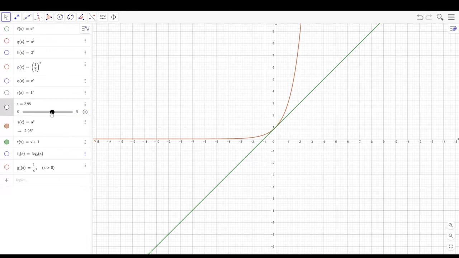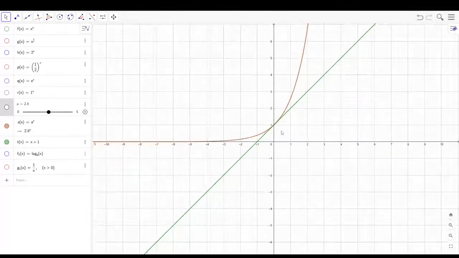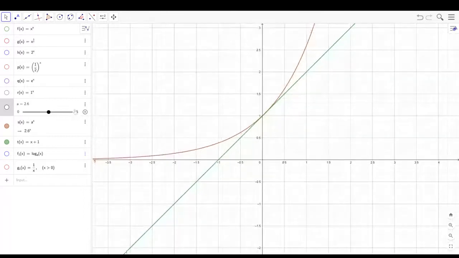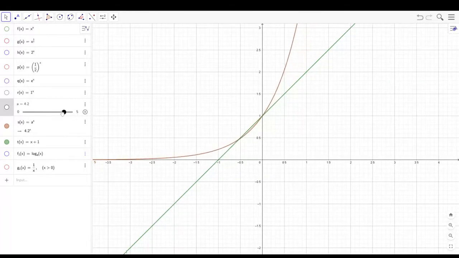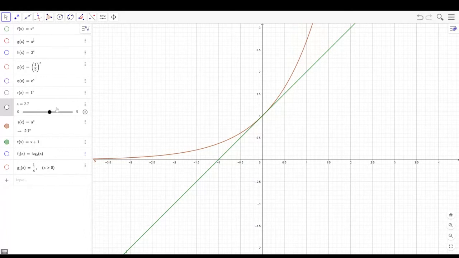But if I move it a bit more that way, I'm getting pretty precise there now. Whereas if I move it like that, they're no longer tangent at x equals 0. But if I go to about 2.7, 2.8, it's really close.